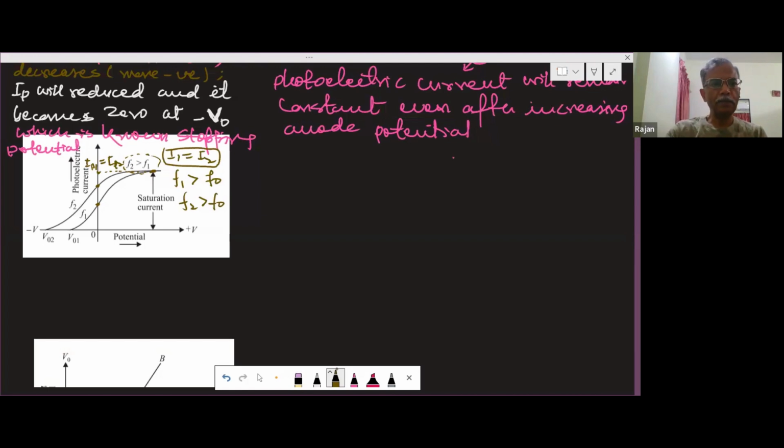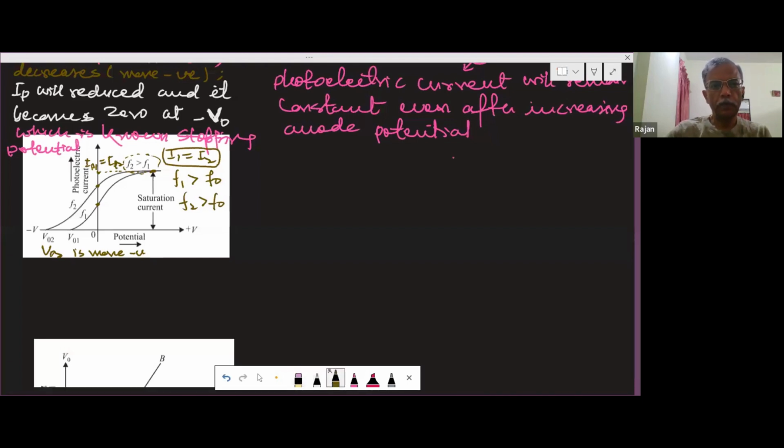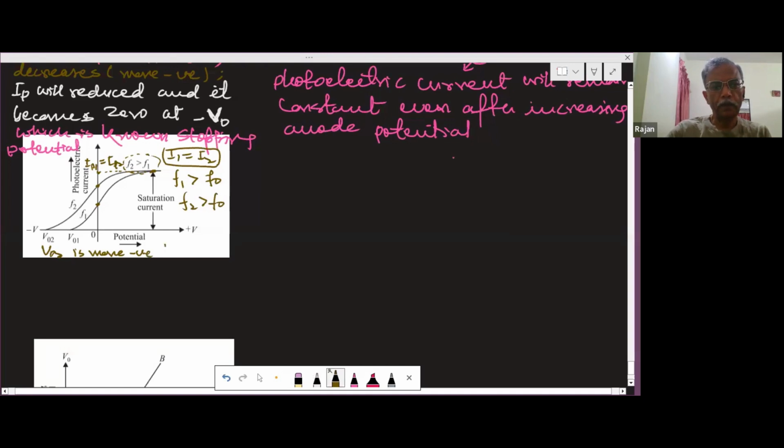And that's why I'm saying VO2 is more negative than VO1, right? VO2 is more negative than VO1.